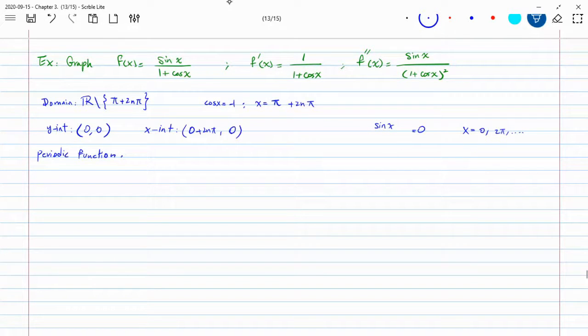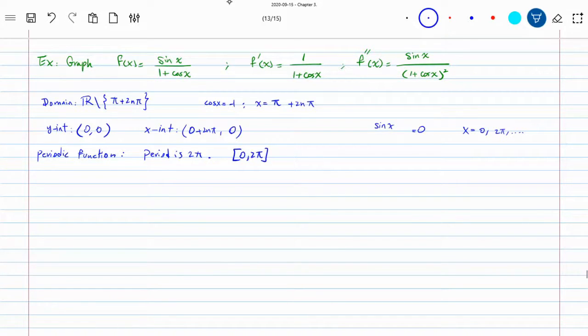So for any combination of these, if there is no coefficient inside, if there is no 2 in here, then the period would still be 2 pi. So the period is 2 pi. That means you just need to graph the function over the interval 0 to 2 pi. That would be good enough.